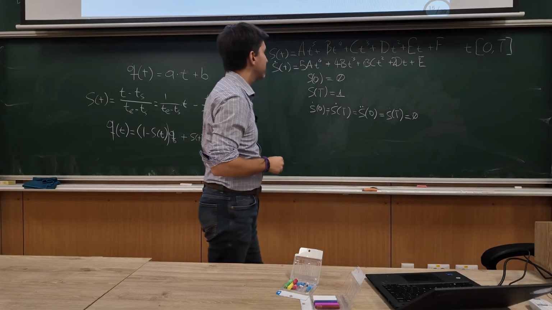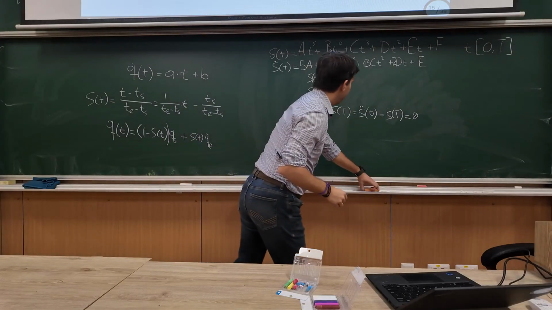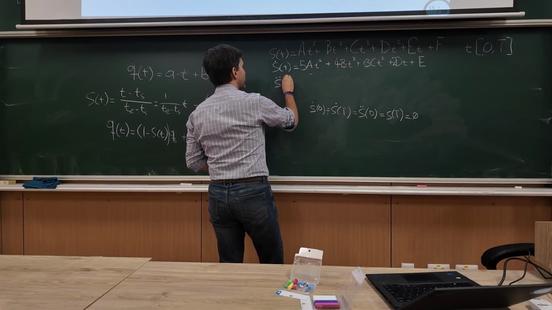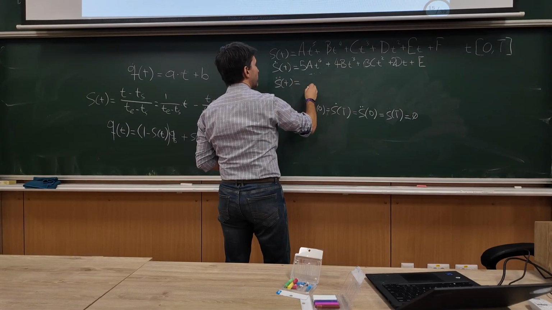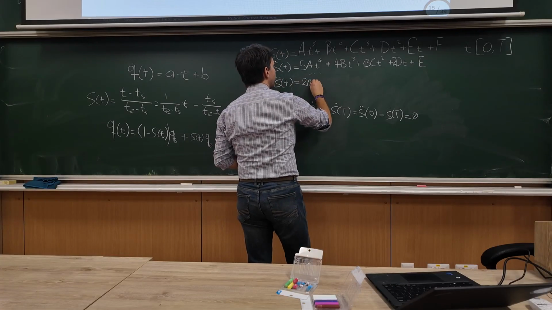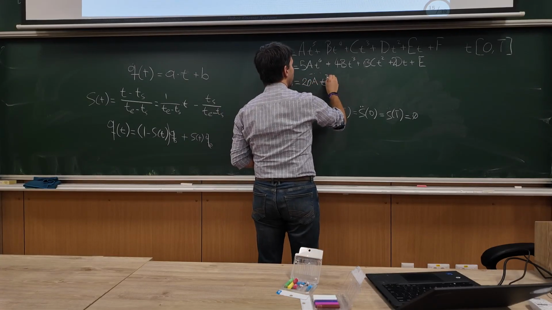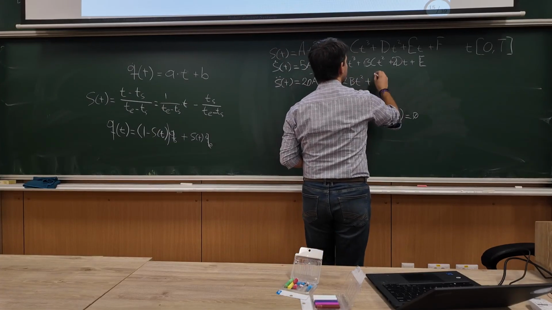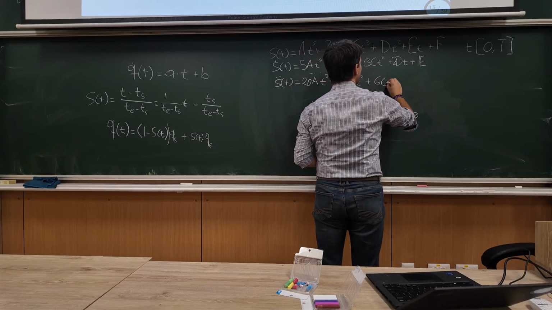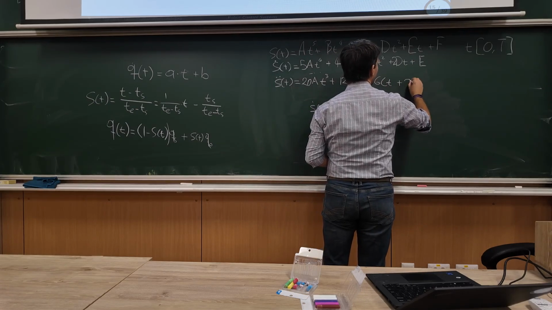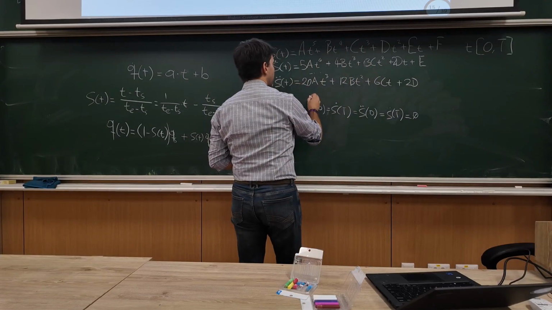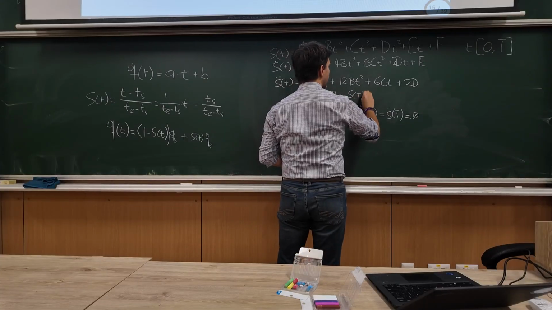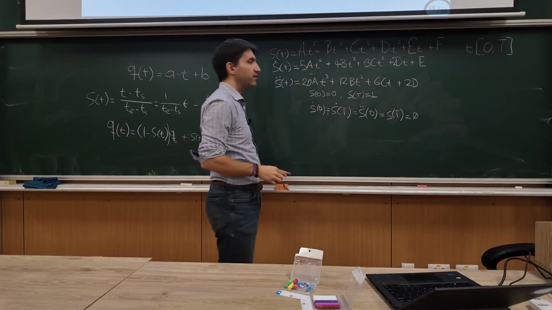Right, and the second derivative here, because we need it, will be 20 times a t to the power of 3 plus 12b t squared plus 6c t plus 2d. Correct? Here we have s of 0 equals 0, s of T equals 1.